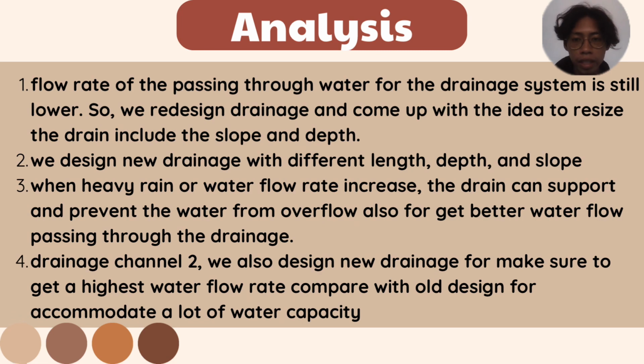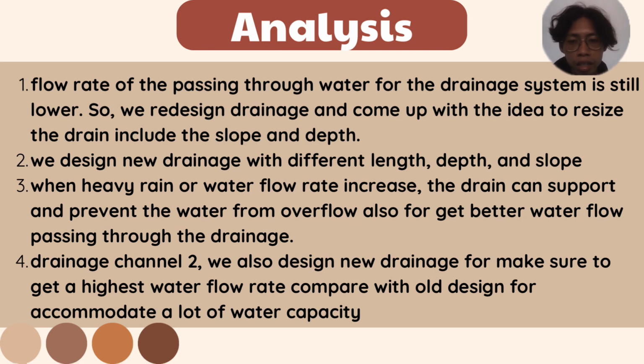So this is our analysis. The first one is the flow rate of water passing through the drainage system is still low. So we designed the new drainage and came up with the idea to redesign the drain, including the slope and depth. We designed the new drainage with different length, depth, and slope. So when heavy rain comes or the water flow rate increases, the drain can support it and prevent the water from overflowing, also to get better water flow passing through the drainage.